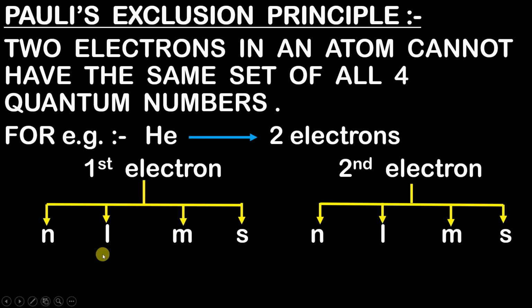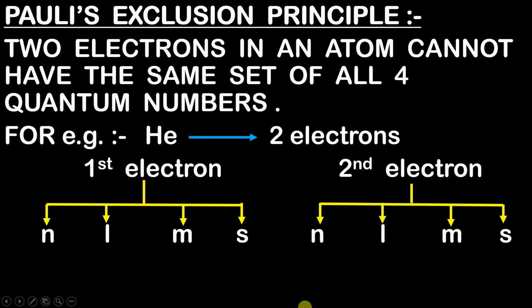There can be three quantum numbers the same, that is, three quantum numbers of the first electron can equal three quantum numbers of the second electron, but all four quantum numbers can never be the same. Pauli said that all four quantum numbers of the first electron will never be equal to all four quantum numbers of the second electron.